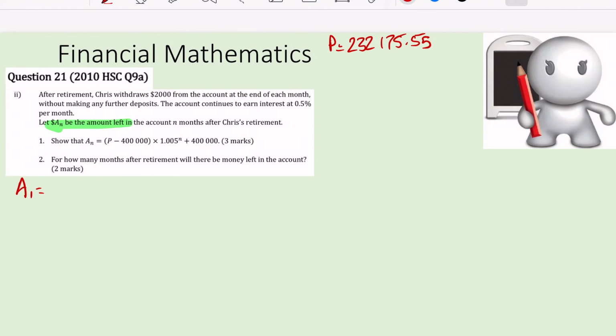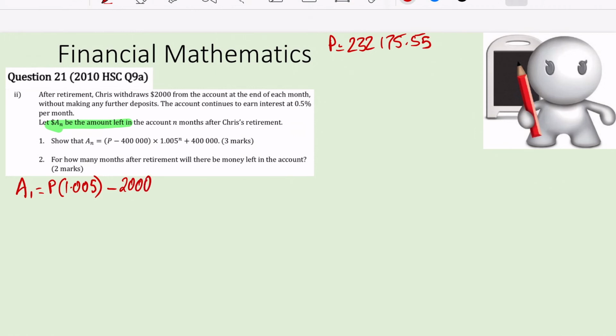So now we'll need to start with what's happening at the end of the first month. He's got his money, P, which is earning 0.5%, but then he makes a withdrawal of $2,000.